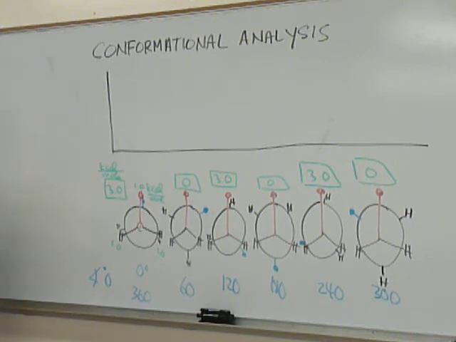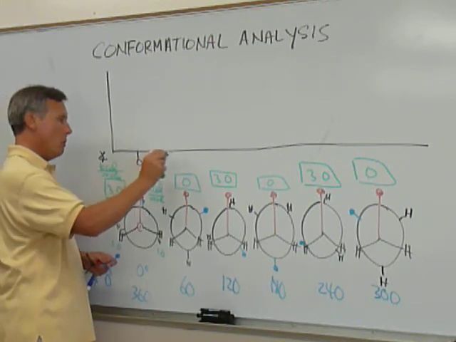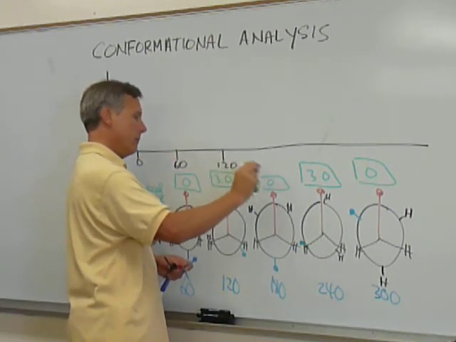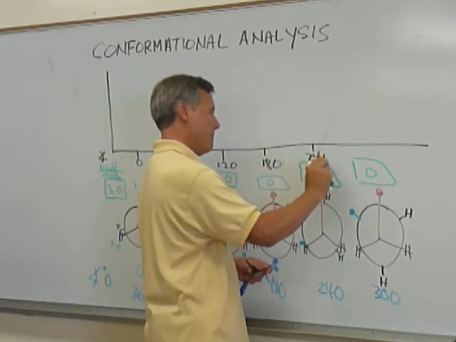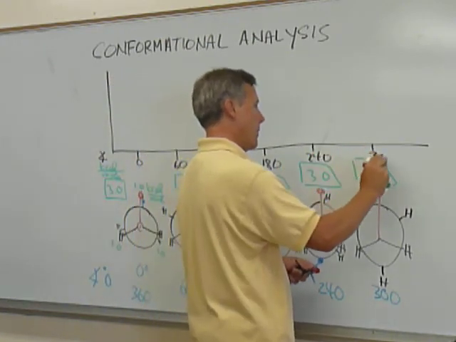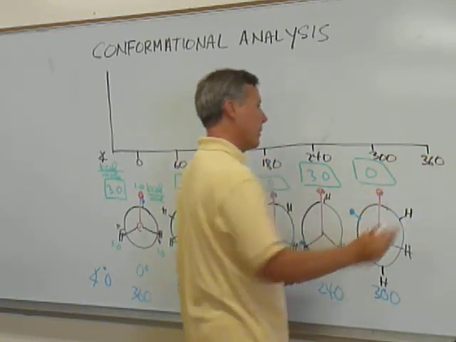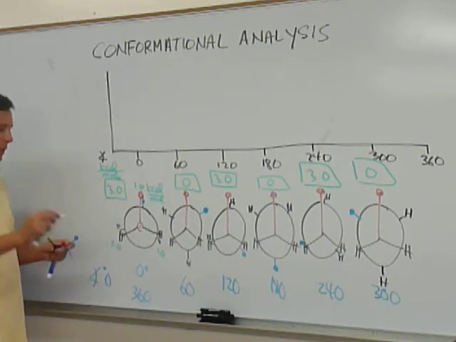Our potential energy profile plot would look like the following: dihedral angle of 0, 60, 120, 180, 240, 300, and if you like, 360, that is the repeat of the dihedral angle of 0 degrees.